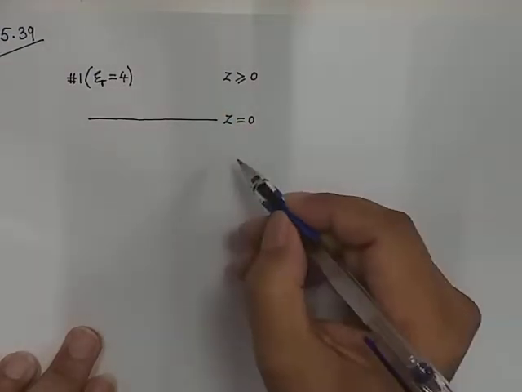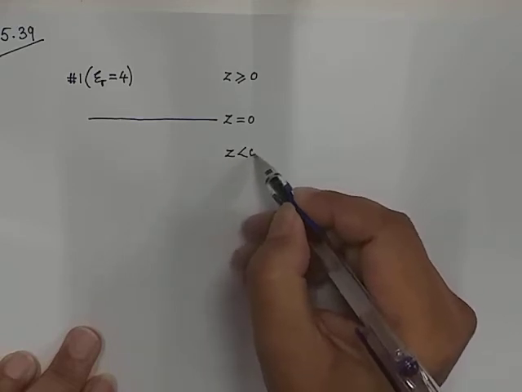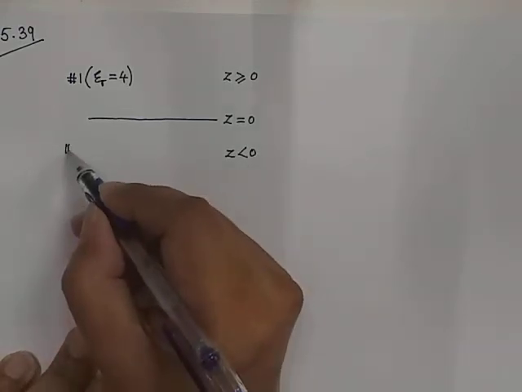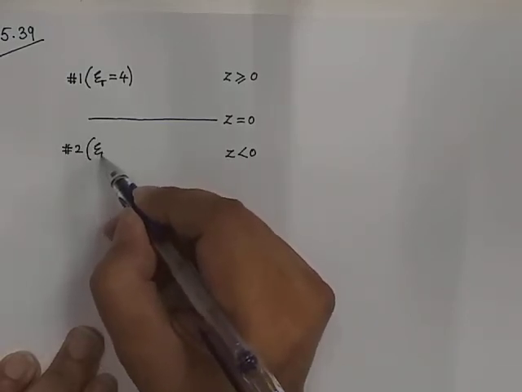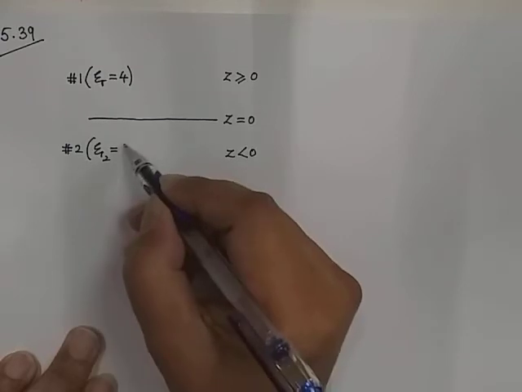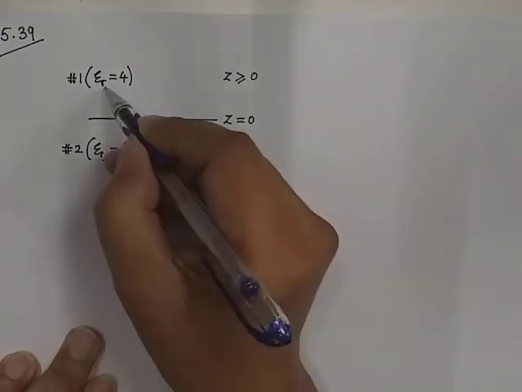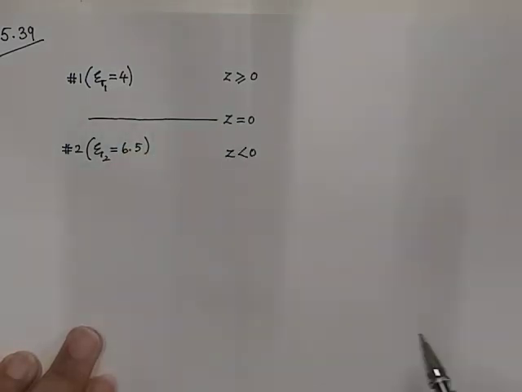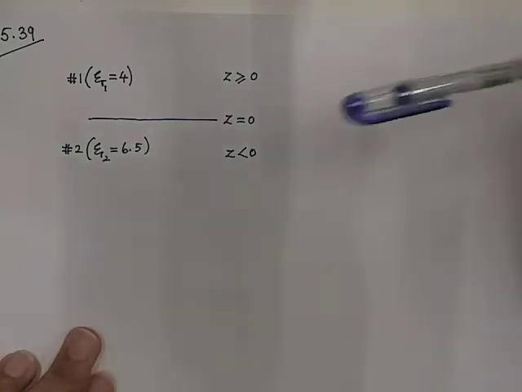Below it, region number 2 is defined by Z smaller than 0, and epsilon R2 is given by the question as 6.5. The first one should be denoted epsilon R1 to differentiate the relative permittivity of the two different dielectric materials.